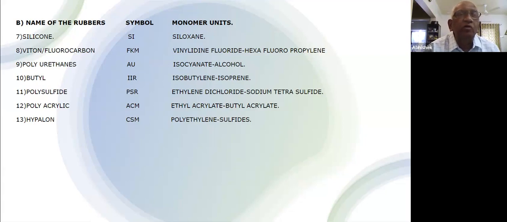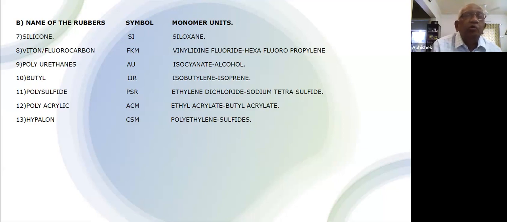Therefore, there will be a lot of changes in the important properties, which we'll see in the following slides. FKM is the symbol for Viton. Viton is a trade name invented by the DuPont company, USA, and fluorocarbon is the chemical composition. Here vinylidene fluoride and hexafluoropropylene are the monomers used.